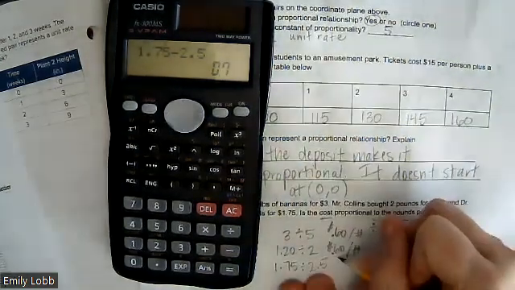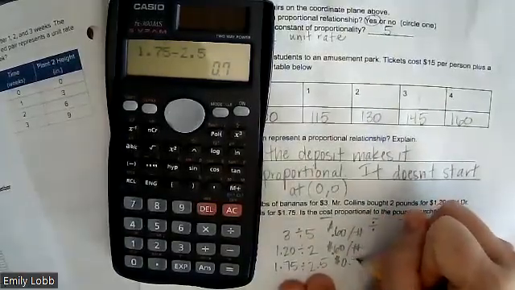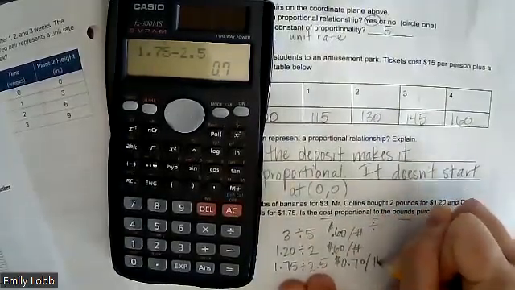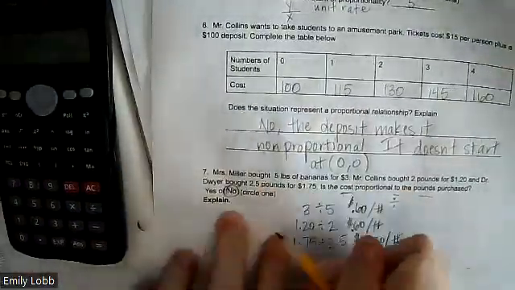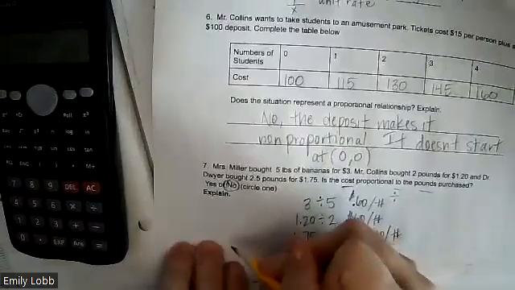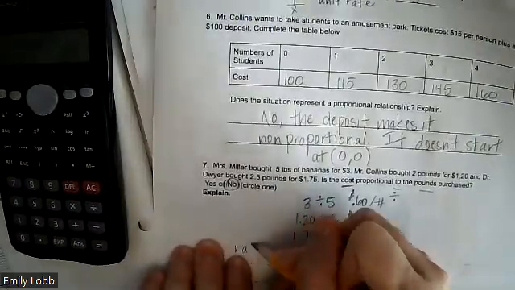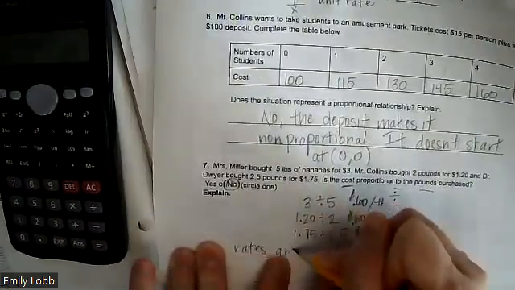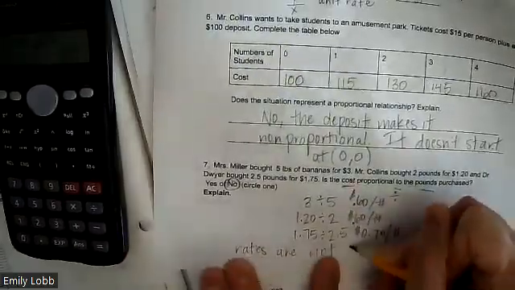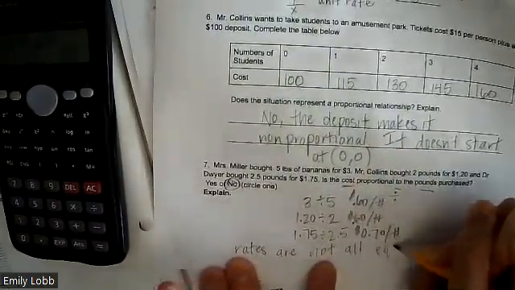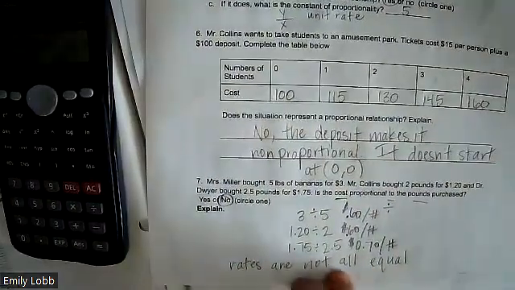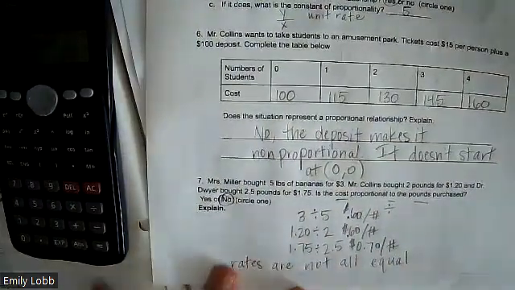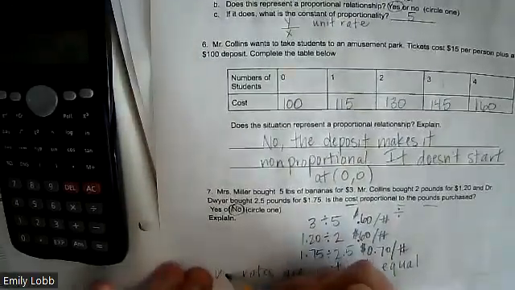No. If you showed your work here, I'd accept that. If you said no and showed your explanation, or you could say the rates are not all equal. Remember, for something to be proportional, the rates always have to be the same. Here, our unit rate is 10 cents more.